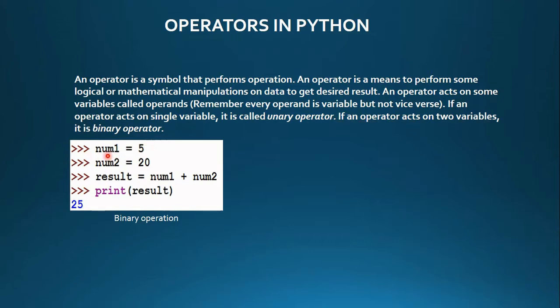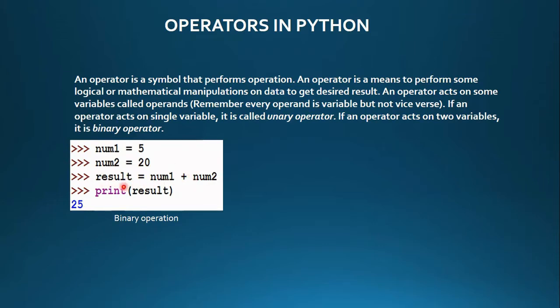Here I have created num1 and initialized 5 to it, and I have created another variable num2 and assigned 20 to it. In this statement, observe very carefully. Here num1 and num2 are operands because they are variables, and this plus is a symbol, that is the operator.